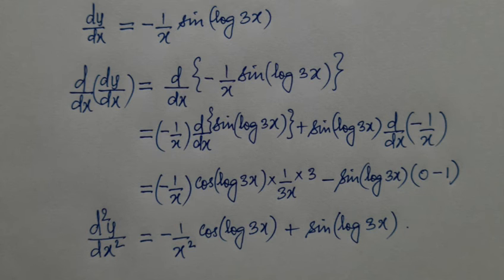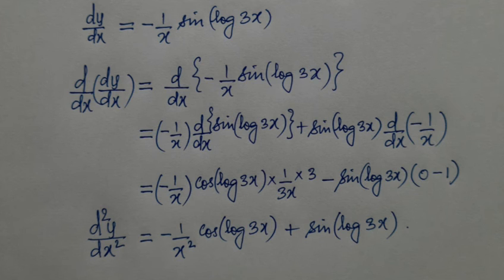Here you have sine of log of 3 times x, and in the original function you had cos of log of 3 times x. So they are similar, and you can try on your own. You can apply the chain rule again, and you will get cos of log of 3 times x into 1 upon 3 times x times 3.